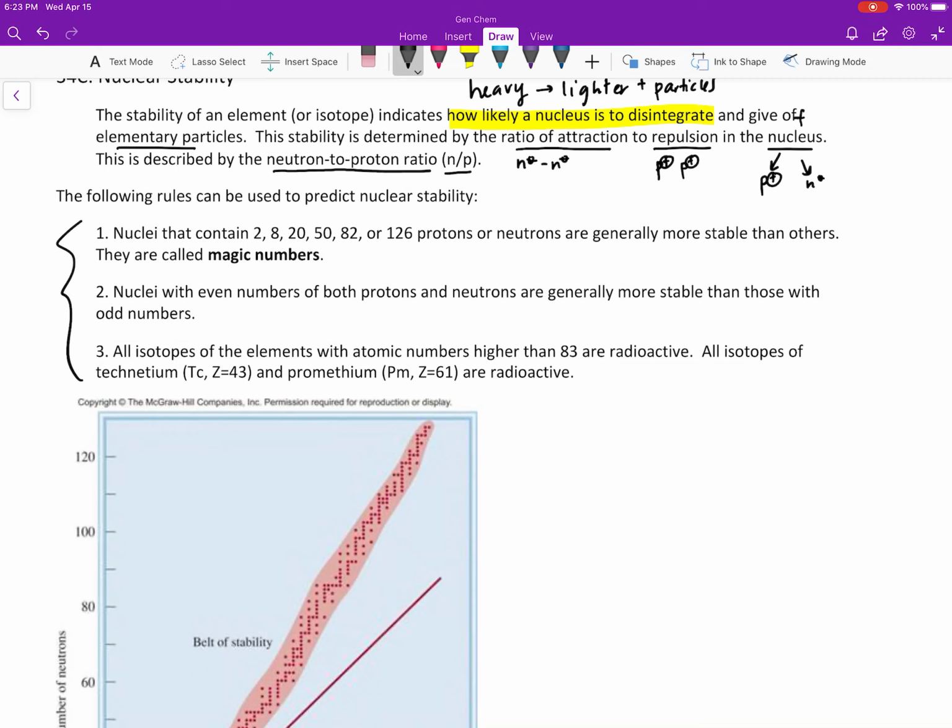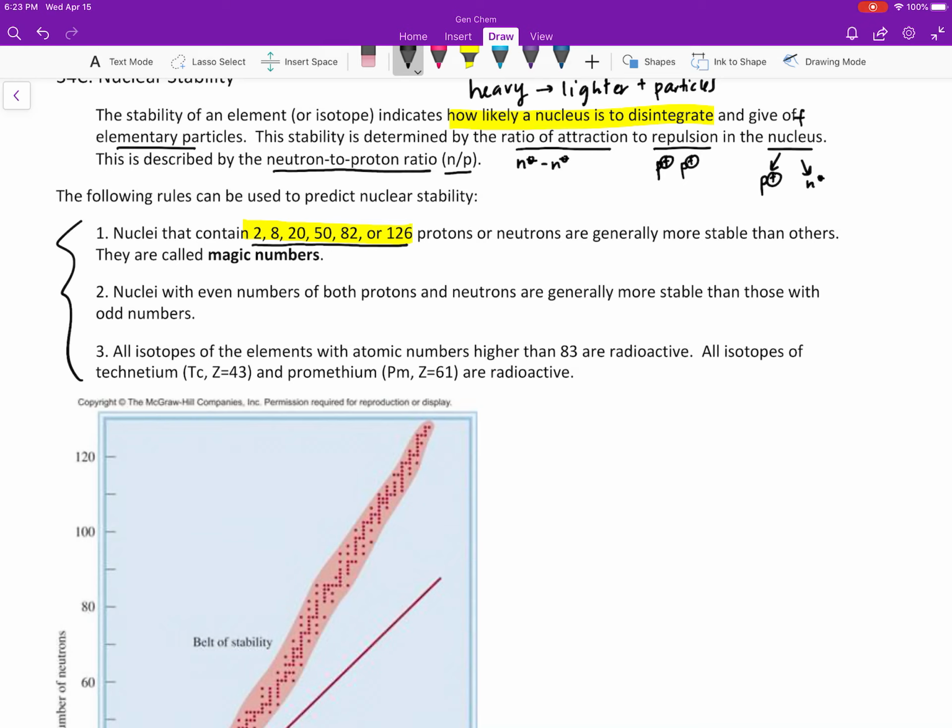So nuclei that contain the following number of protons or neutrons are going to be more stable than others. And so these magic numbers are 2, 8, 20, 50, 82, and 126. Okay, so they're just the magic numbers, and you do need to know what the magic numbers are. Now, I had an unfair advantage that 2 and 8, well, that's my birthday, February 8th.